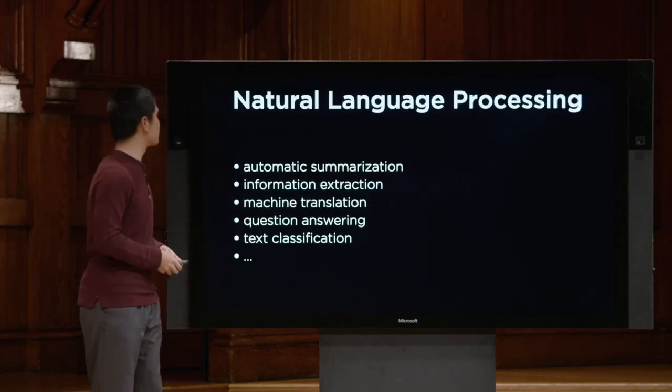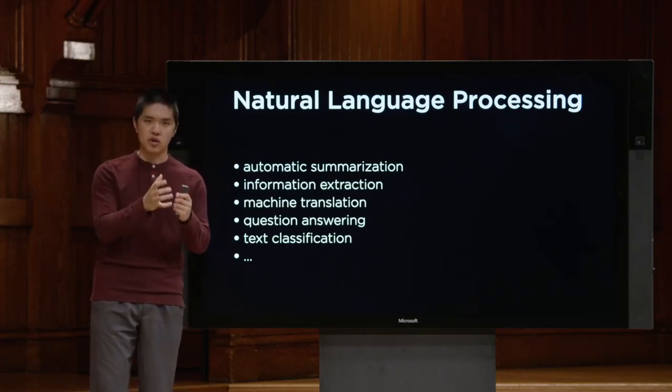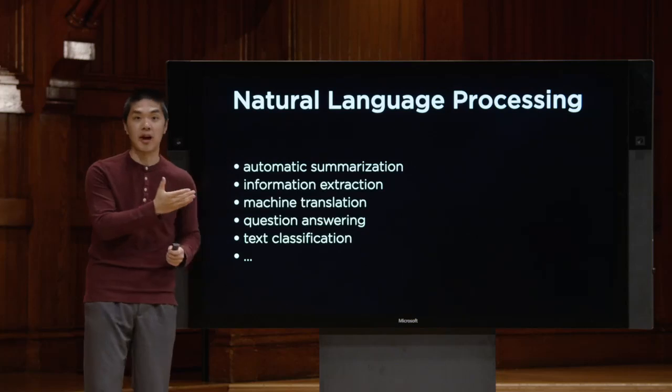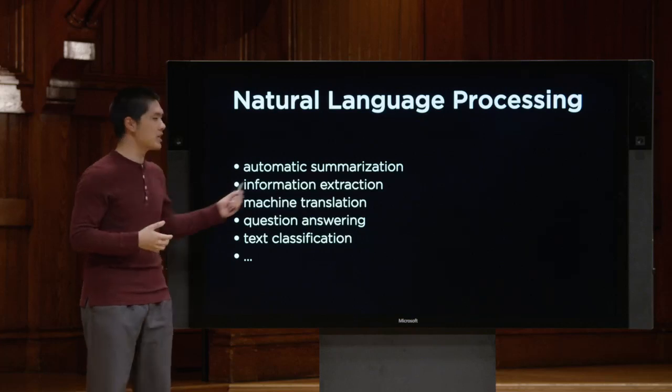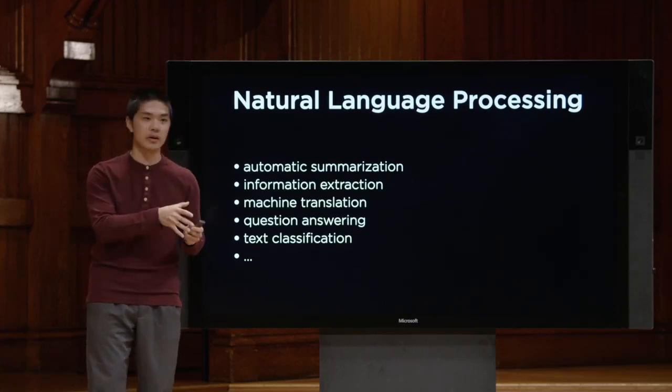And these tasks include tasks like automatic summarization. Given a long text, can we train the computer to be able to come up with a shorter representation of it? Information extraction, getting the computer to pull out relevant facts or details out of some text. Machine translation, like Google Translate, translating some text from one language into another language.